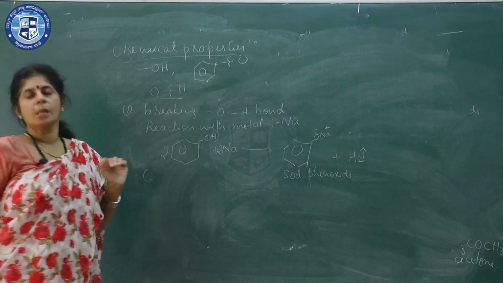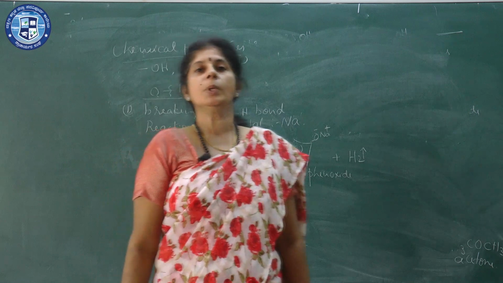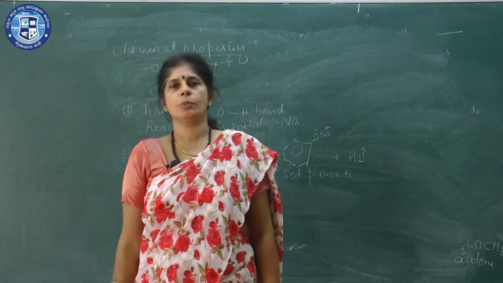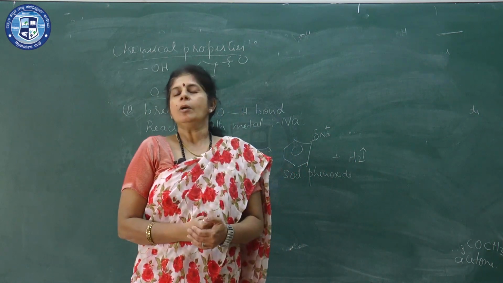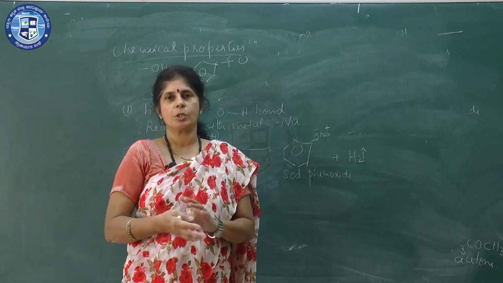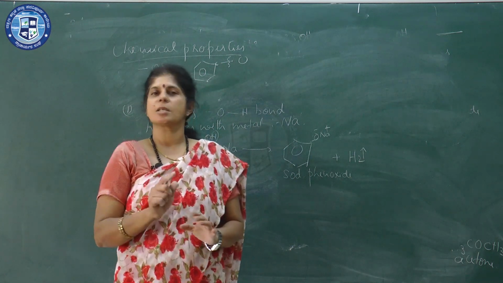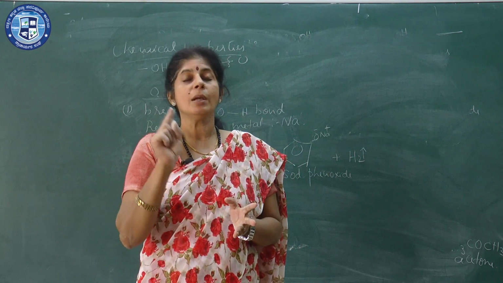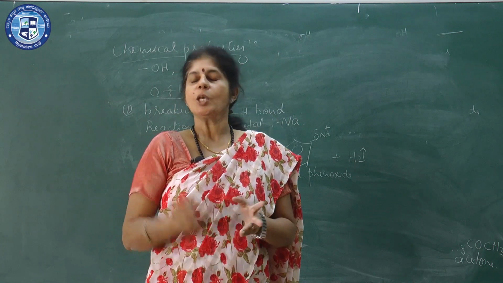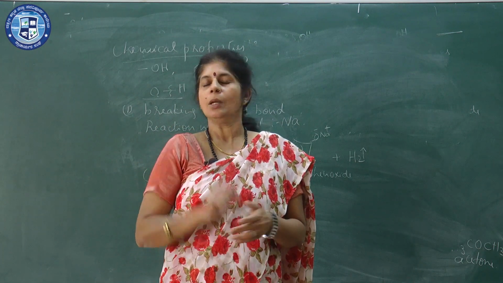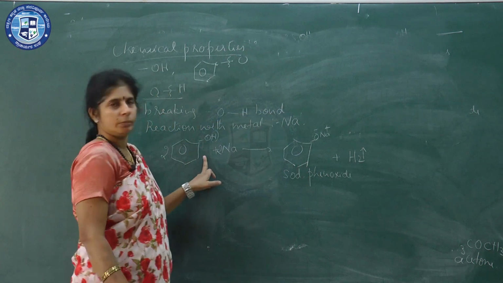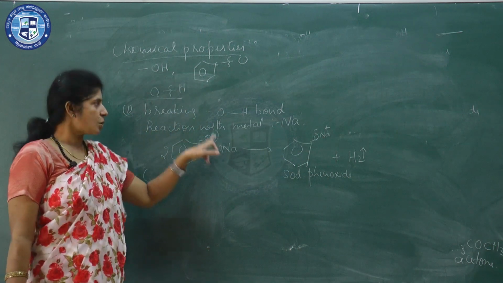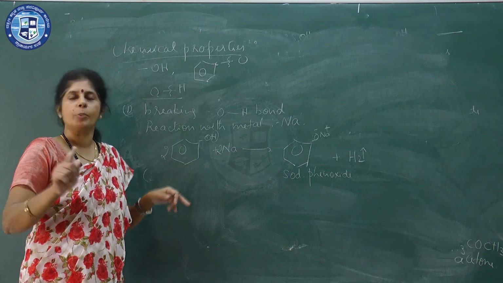Now this proves the similarity of the OH group of phenol and alcohols. So we usually teach, especially in lower classes, the properties of acids. An acid is a substance which reacts with a base. An acid is a substance which, when treated with a metal, liberates hydrogen gas. So if you recall these properties, now we can say that phenol is able to replace hydrogen when treated with sodium metal, so somewhere the phenol has acidic properties.